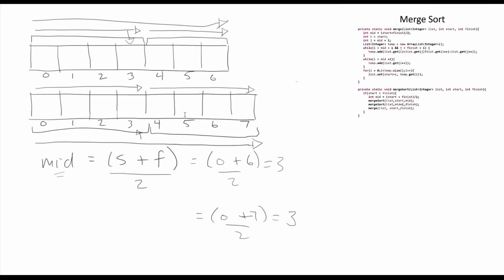So again, right here, we'll initialize our I to be pointing here, and our J to be pointing here, mid plus 1. Now these are counters that as we iterate through our two lists, I'm going to either increment I, which will move it through the first list, or J, which will move it through the second list.